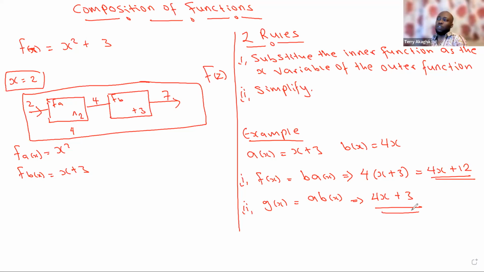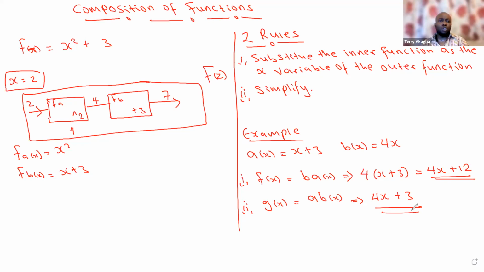In the next video, I'm going to solve more examples. What I've just said is that when you have a composition of functions with two functions, you have the inner function and the outer function. You use the inner function as the x variable of the outer function, and then you simplify.